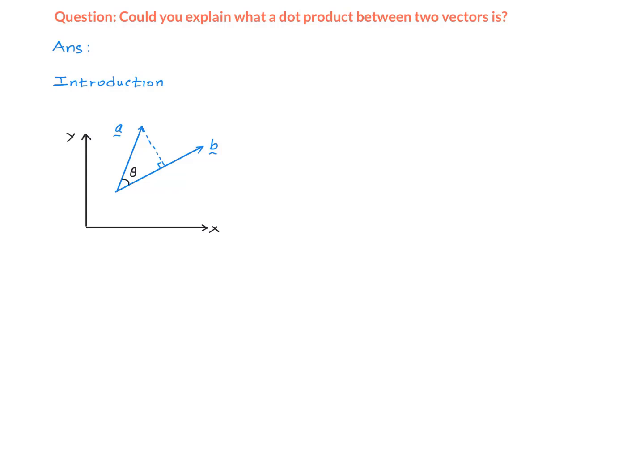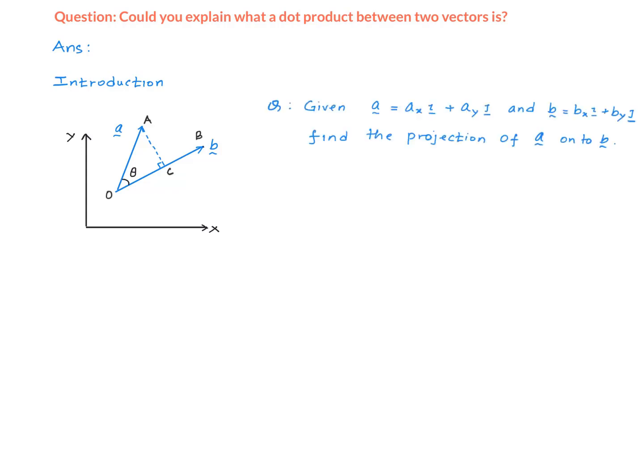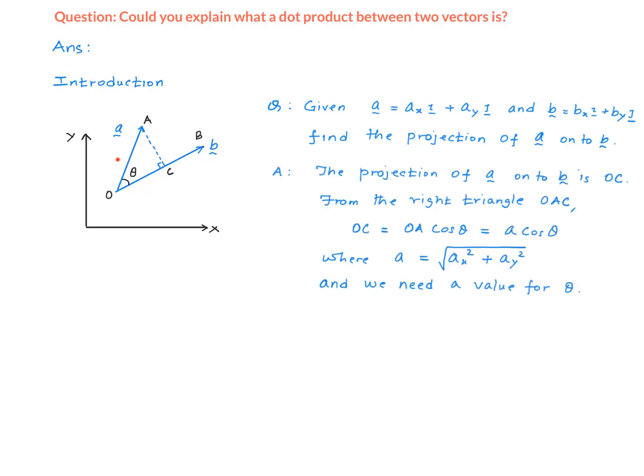So the angle between the two vectors is theta. Let's consider this question. Given A in its component form and B in its component form, find the projection of A onto B. From the picture here, we see that the projection of A onto B would be simply OC, the length of OC, right?